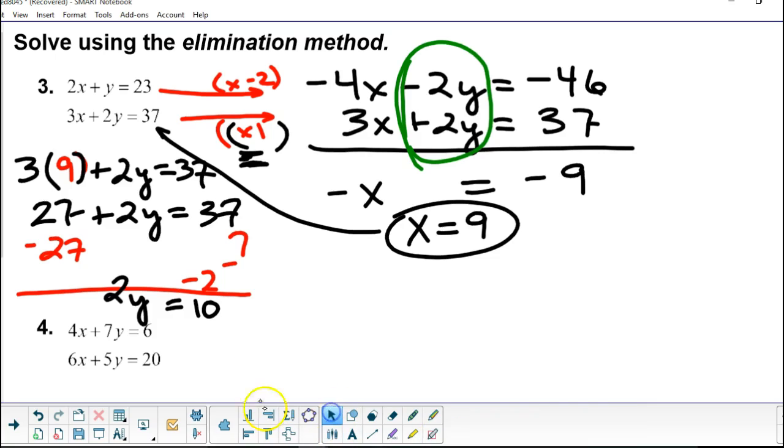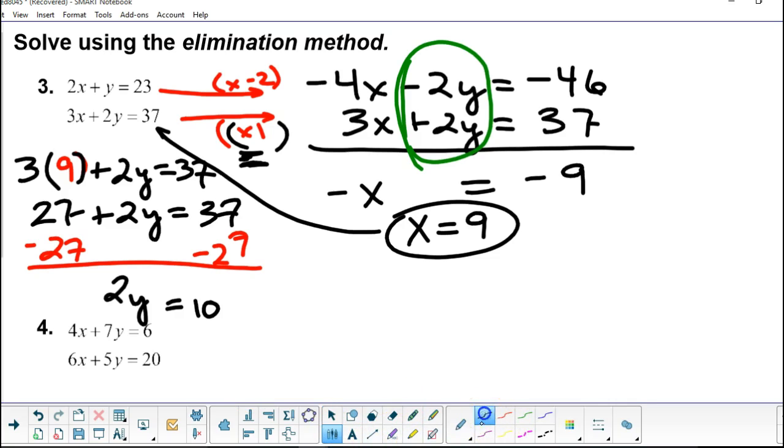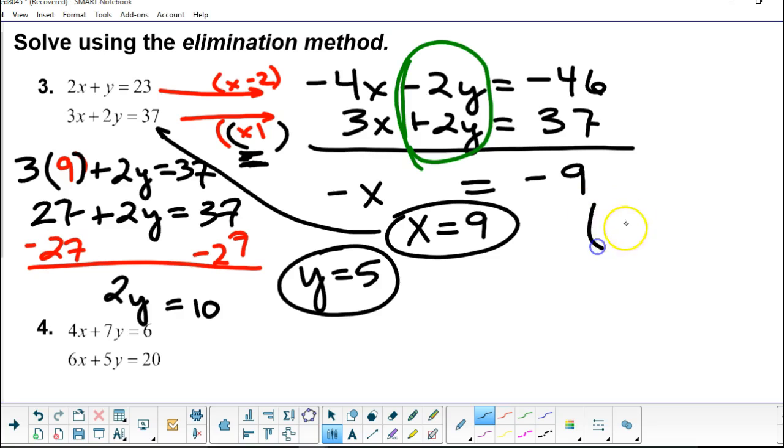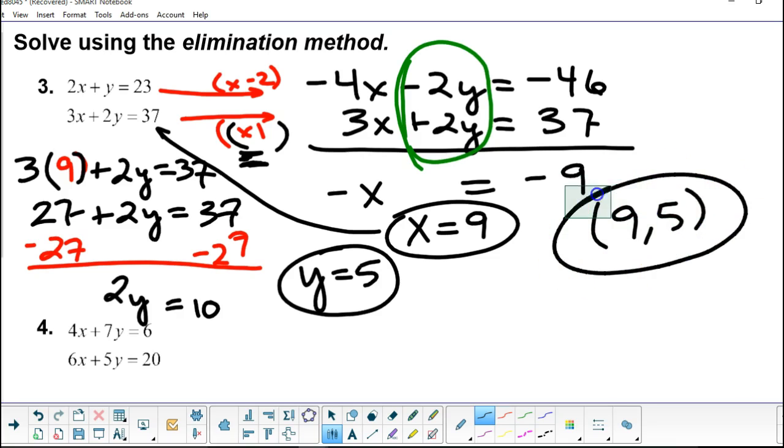But we got 2y equals 10. And of course, that's going to be that y is equal to 5. So if x is 9, y is 5. That is our solution here for this problem.